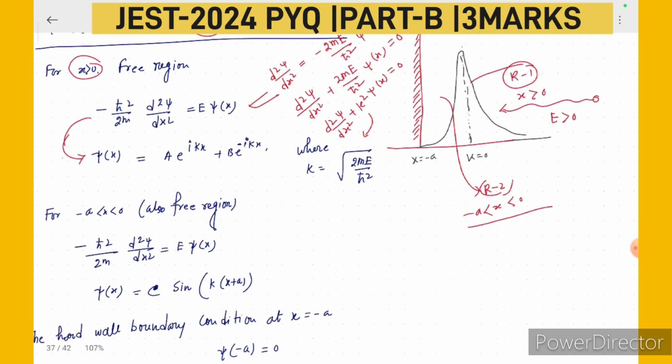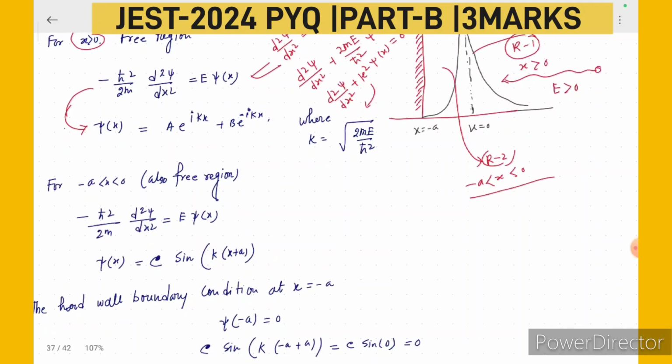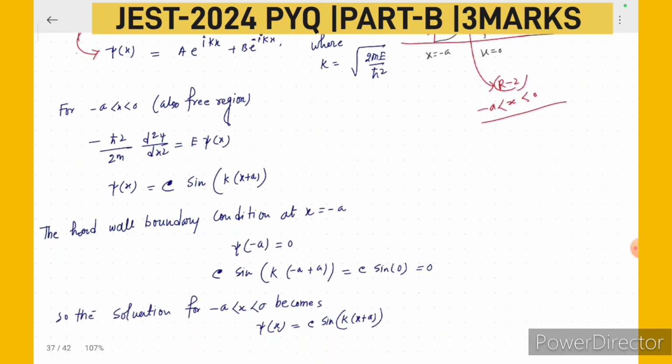Now for the region minus a less than x less than 0, this is also a free region. So for this free region we find the solution. Minus h-bar squared upon 2m d2 psi of x upon dx squared equals E psi of x.